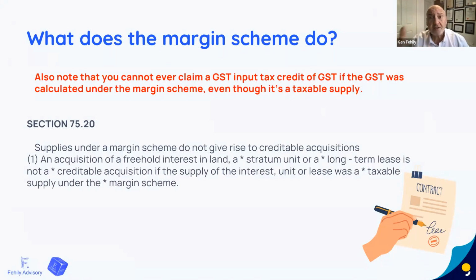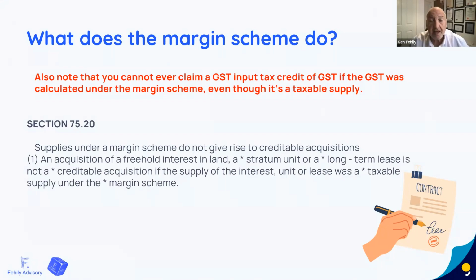Even though the entire supply of a property under the margin scheme is a totally taxable supply, but the amount of GST is less than normal, you can never, ever claim GST credits if you acquired the property where GST was calculated on the margin scheme, even if you're going to use it for making fully taxable supplies. Normally. Why? Because Section 75.20 says you can't. Even if you wanted to, it overrides it. This is how the margin scheme will work.